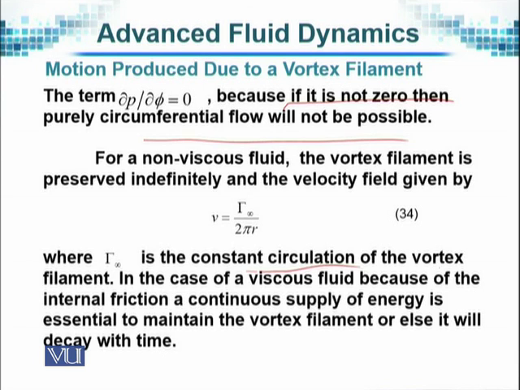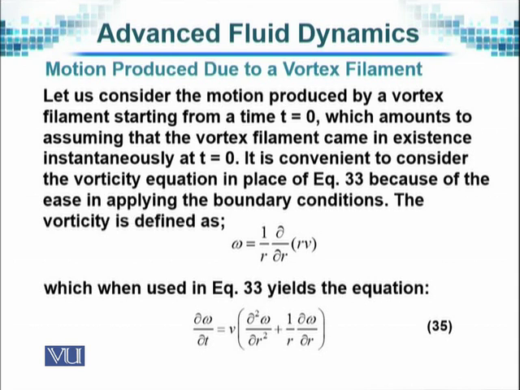You will be familiar that normally we denote circulation by gamma. In the case of a viscous fluid, because of the internal friction, a continuous supply of energy is essential to maintain the vortex filament. Otherwise, it will vanish with time.